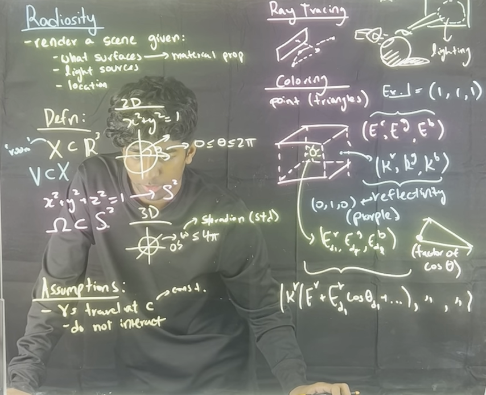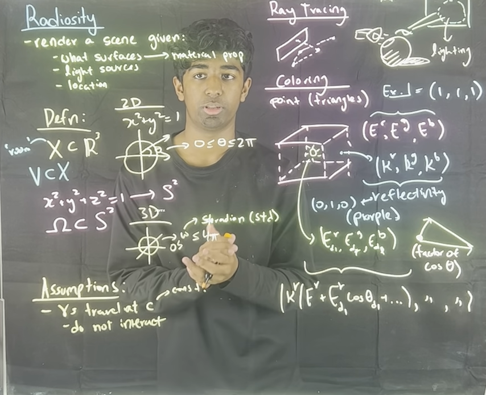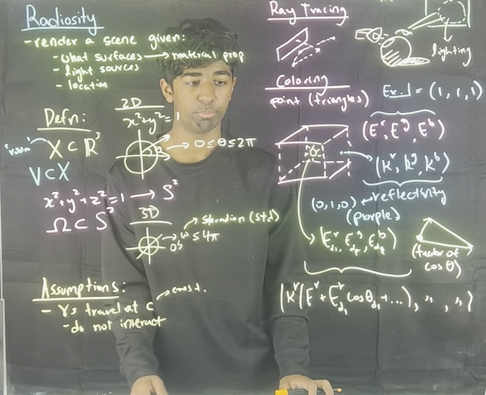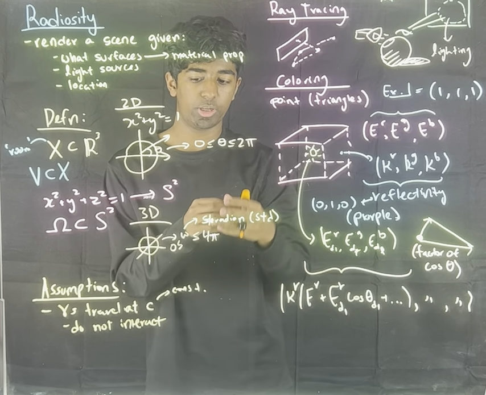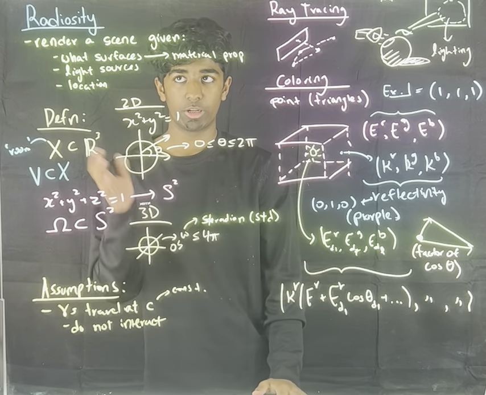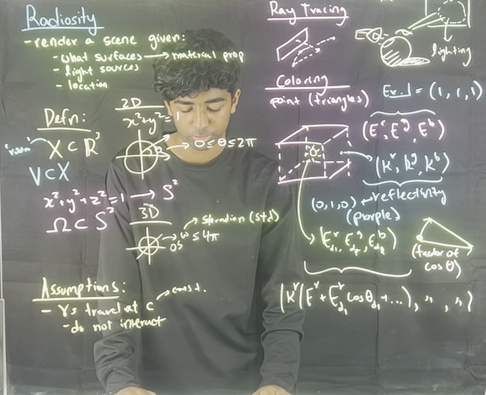Particles may interact with the host medium, though. There might be smoke in our scene, for example, and maybe the photons get scattered. Maybe they're traveling in one direction and the smoke particles interfere with them and they go off in a completely different direction. Radiosity is actually really good at computing this type of stuff.